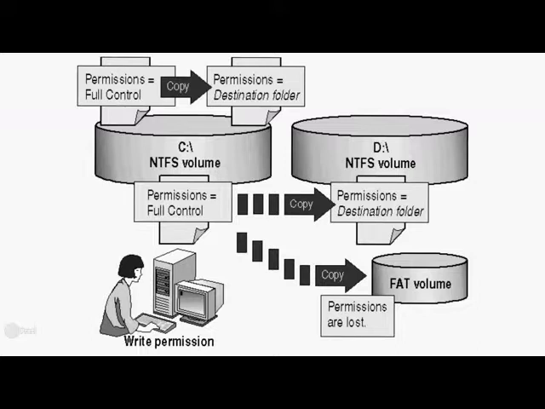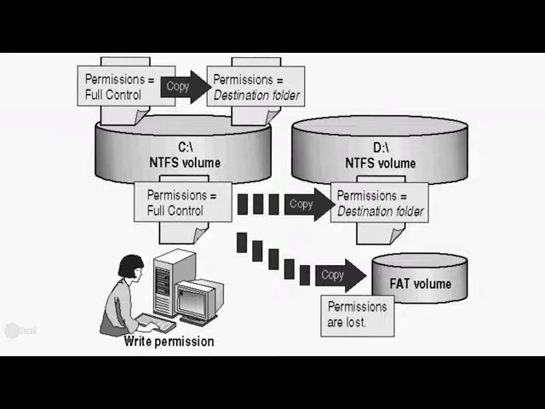Now basically, if you copy or move an object from one NTFS partition to another partition, from C to D, for instance, the permissions that the copy on the new partition will have are the permissions that it inherits from the destination.